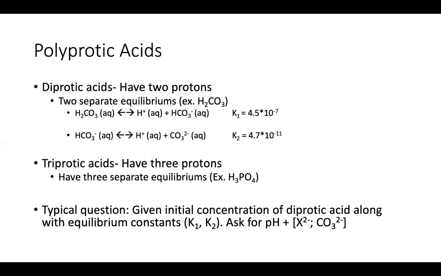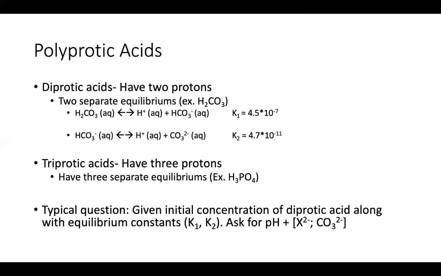And so what's a typical polyprotic acid question? Well, they typically will give you a diprotic acid, and they'll give you an initial concentration along with the equilibrium constants. So they give you K1 and K2 along with an initial concentration. And they typically ask for 2 things. If it's a long answer, they'll ask for both of these. If it's a multiple choice question, it'll actually be 2 different questions with the same given information, so the prompt will be the same.